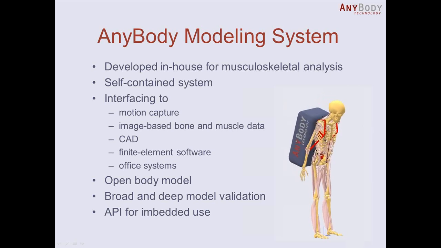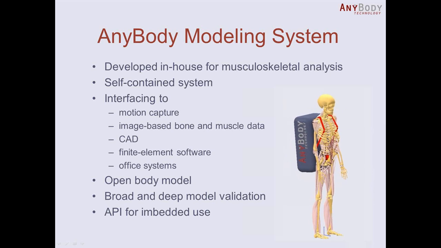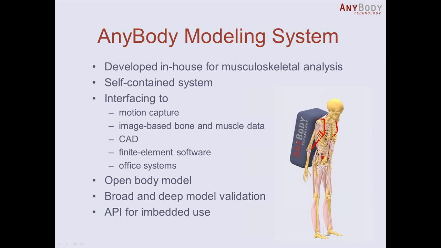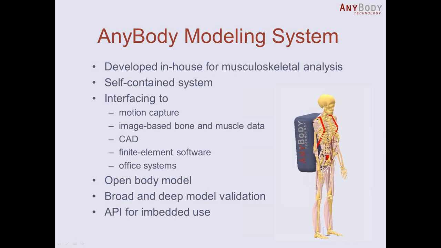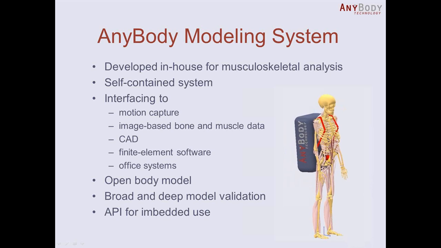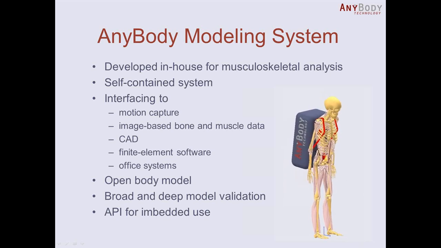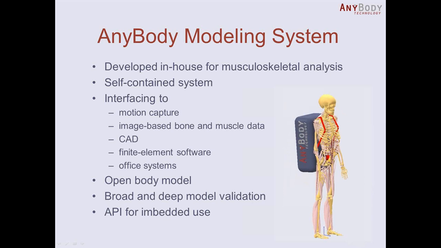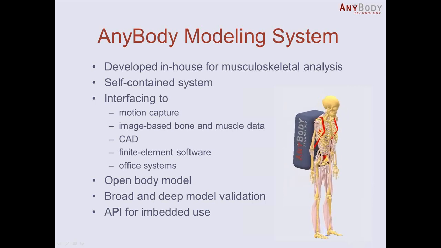You can change each bone segment, joint, muscle attachment point. There's a broad and deep model validation done either by us or by our many users, and there are several publications out in the literature where you can see validation examples. The system has also an API for embedded use.